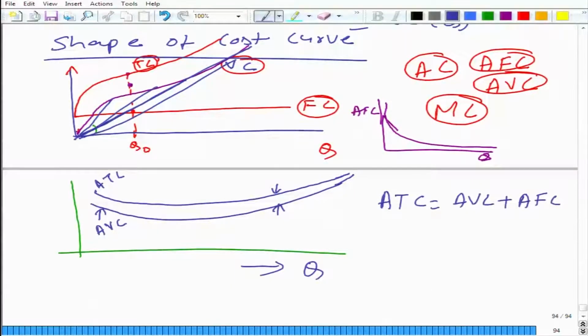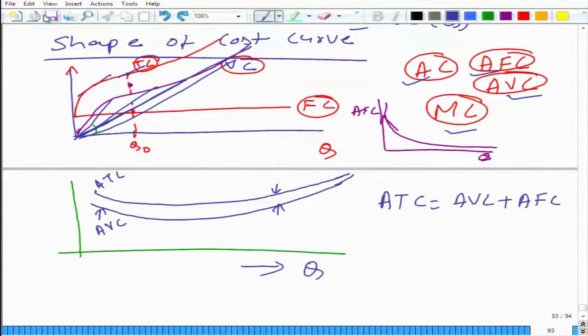Now, we talked about average cost, average fixed cost and average variable cost. How about the marginal cost? What is the marginal cost in this graph? At any point it would be the slope of the tangent.